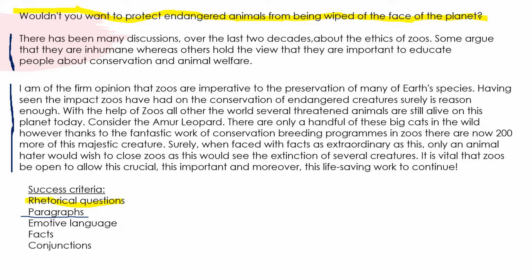So already I'm trying to persuade them to side with me, because then I'm going to show them through my paragraphs how zoos protect endangered animals. So I've tried to word my rhetorical question in a way that links with my writing, making it very cohesive. And that can really be powerful and punchy because your writing flows well.